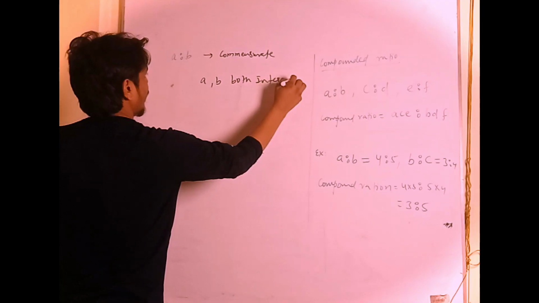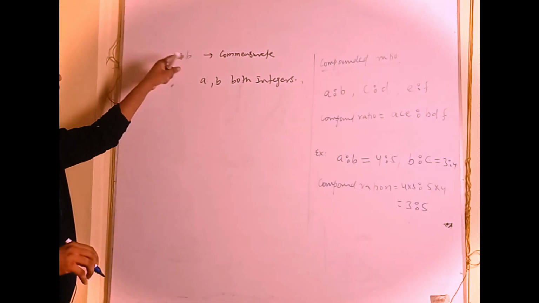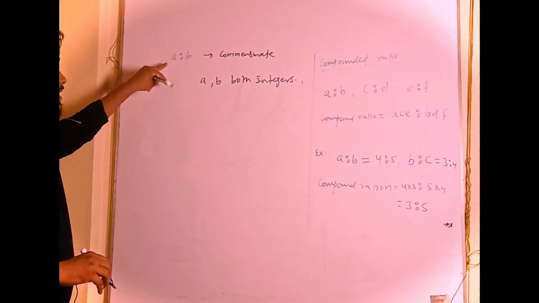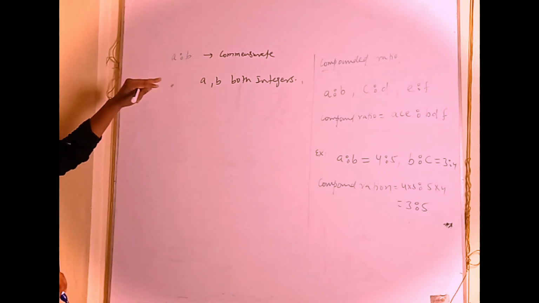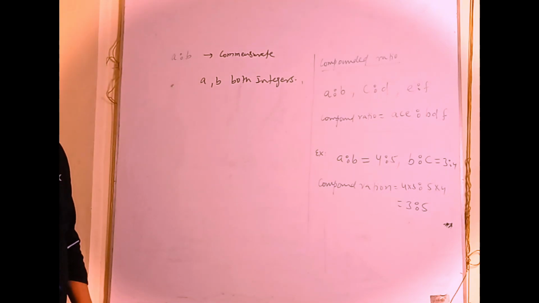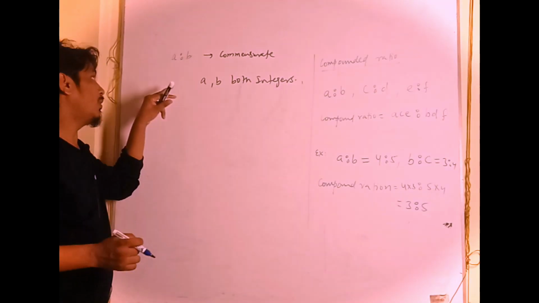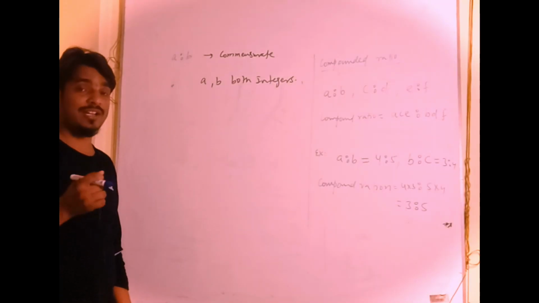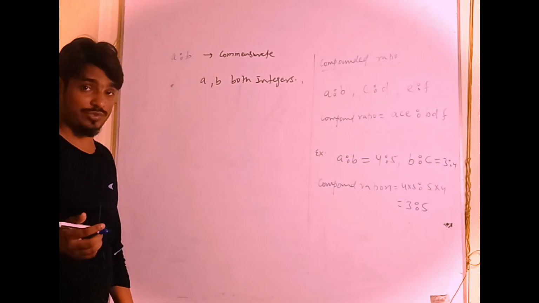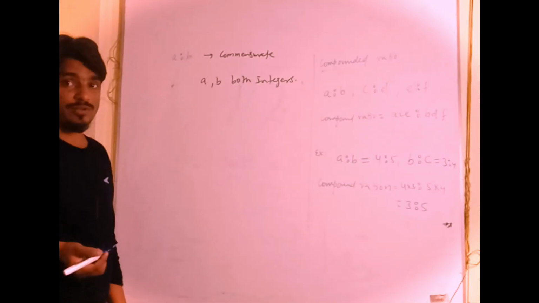But what if A and B are both not integers, or one is an integer and the other is not, or both are non-integers, but we are able to convert that into integer form? Then that ratio we call a commensurable ratio.